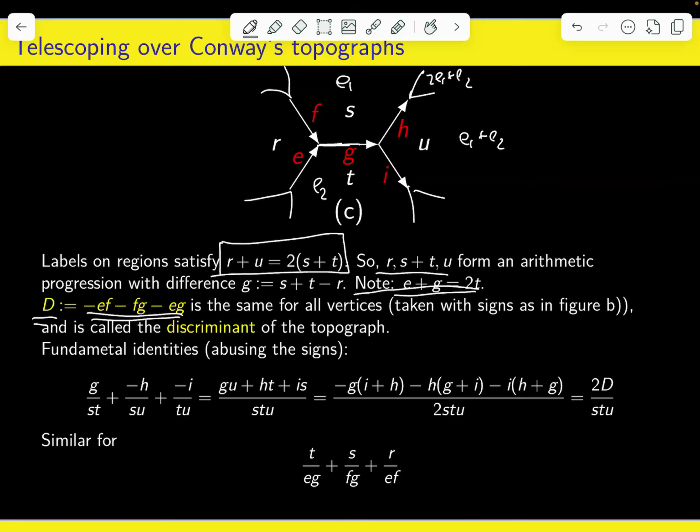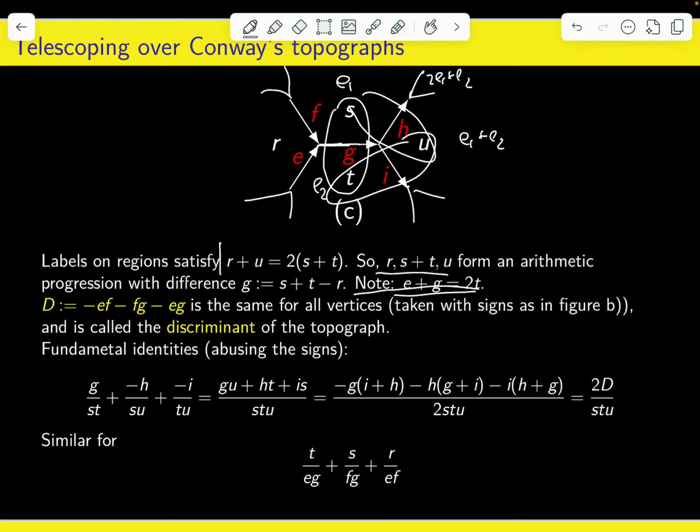Now, how to get the telescoping identities? Very simple. Let's just look at the following sum. Here I have G divided by ST minus H divided by US minus I divided by UT. Here I orient edges H and I outside of this vertex, but if I orient them all inside, it will be just the sum.